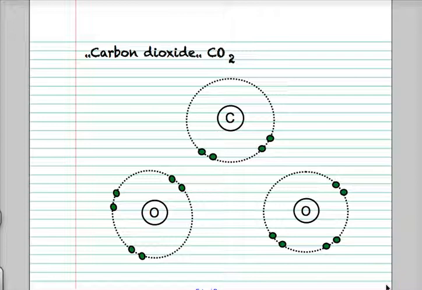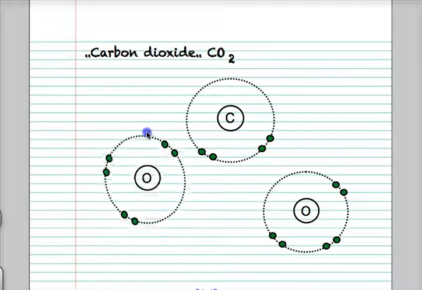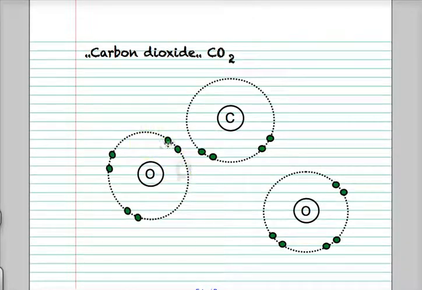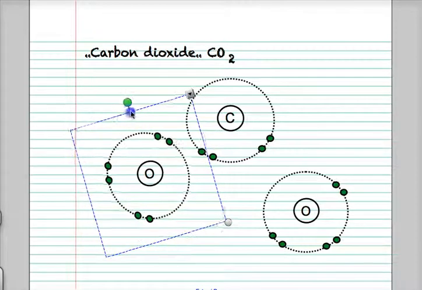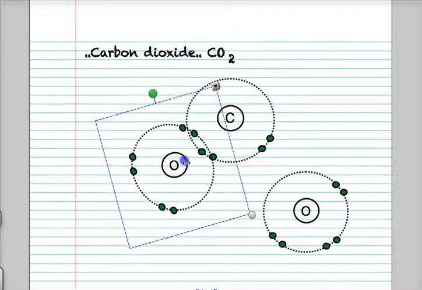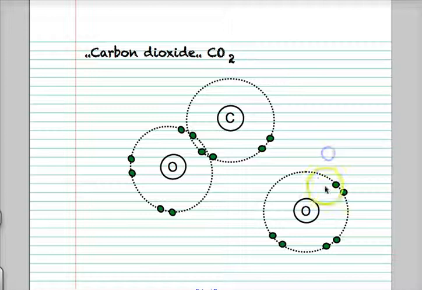Carbon dioxide. Now what's going to happen here? Let's have a look. So this oxygen needs 2 more. This oxygen needs 2 more, and carbon needs 4 more. So again, these valence orbitals are going to overlap. Let's twist that around a bit and see if we can achieve that. There.